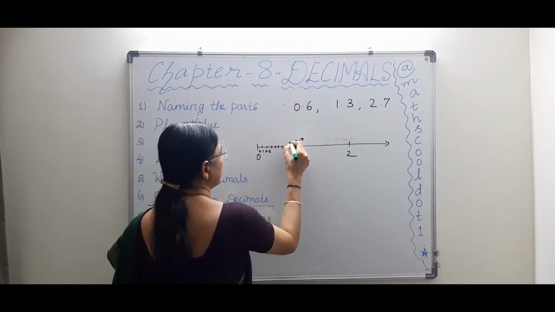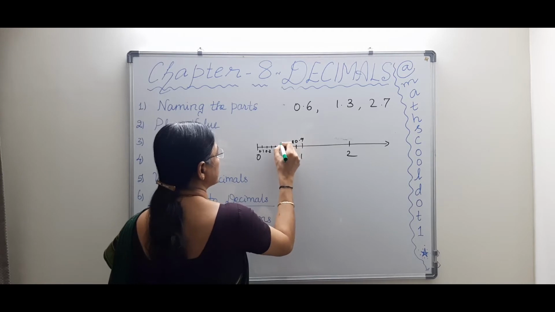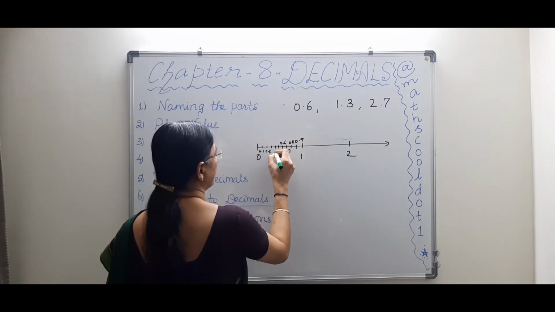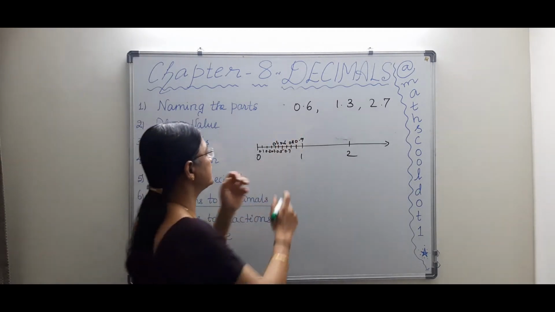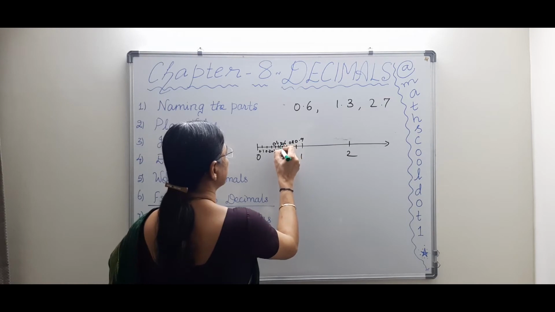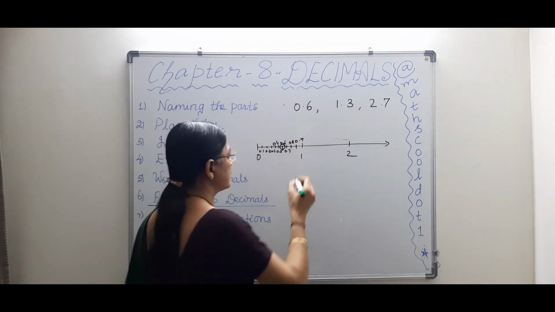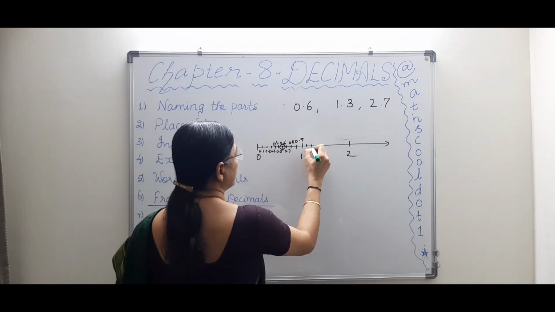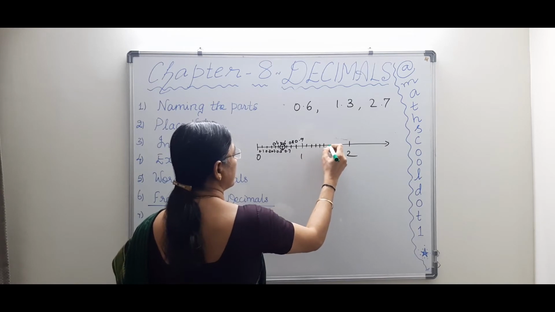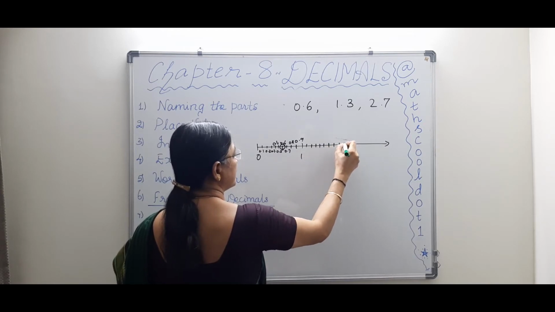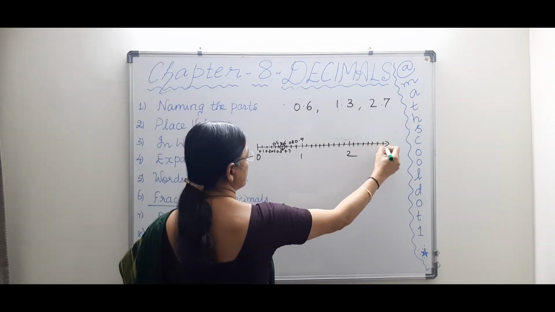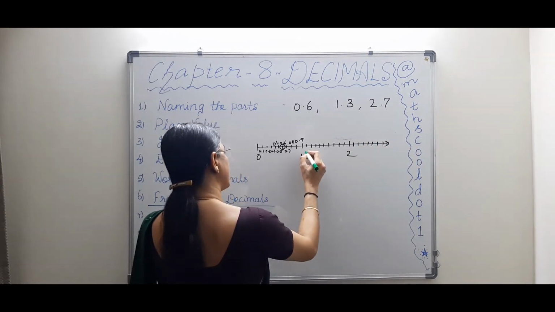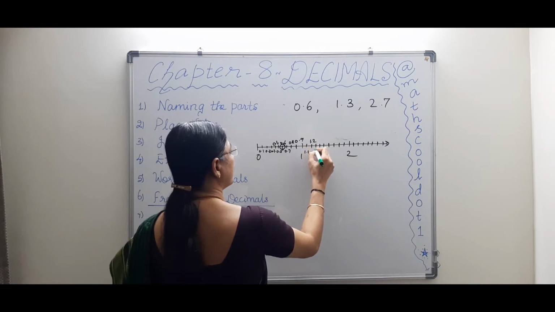When I mark, I'll be able to find out where 0.6 is, isn't it? So 0.6 is here. Now 1.1, 1.2, 1.3, 1.4, 1.5, up to 1.9. Then 2.1, 2.2, 2.3, 2.4, 2.5, 2.6, 2.7, 2.8, and it goes on.